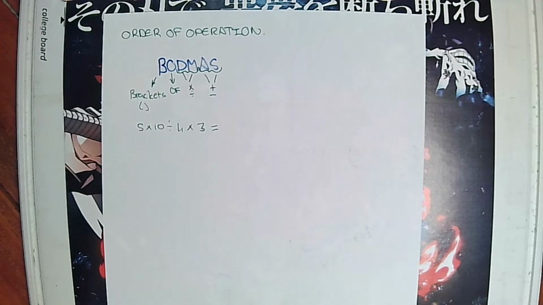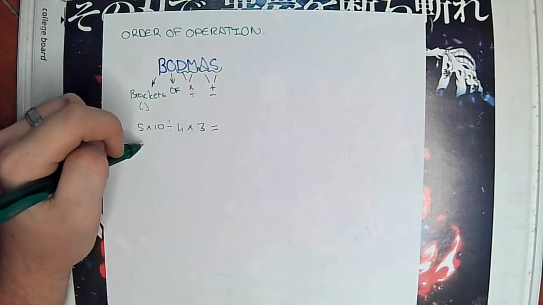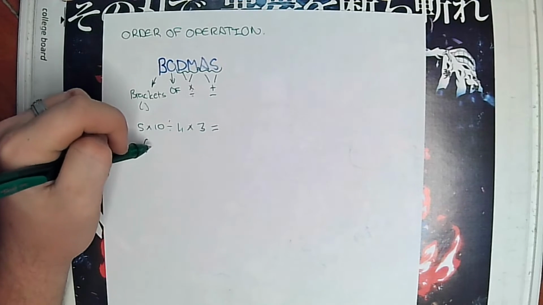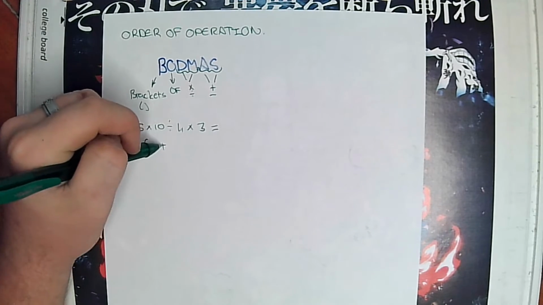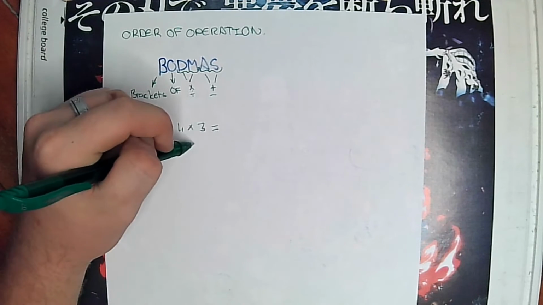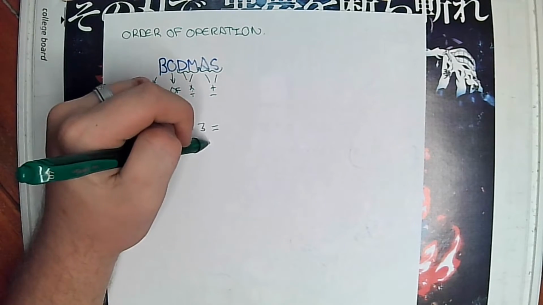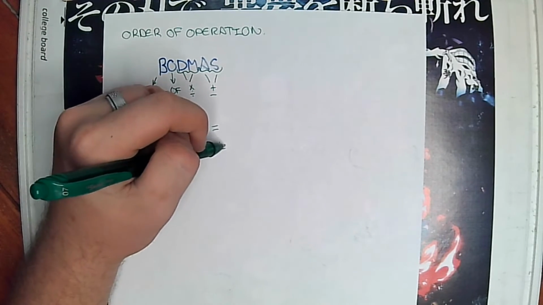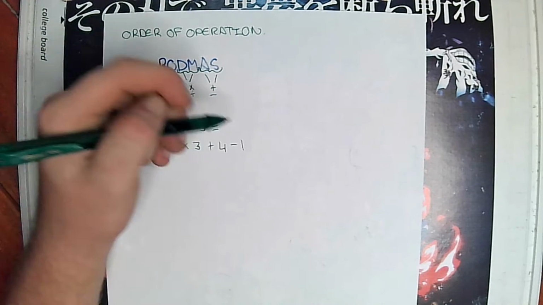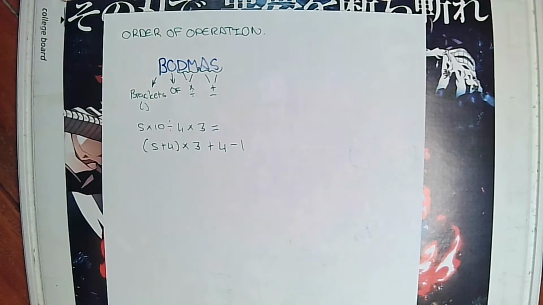But in general, if you have something like, say, 5 plus 4 multiplied by 3 plus 4 minus 1, right? How would I go about solving this?